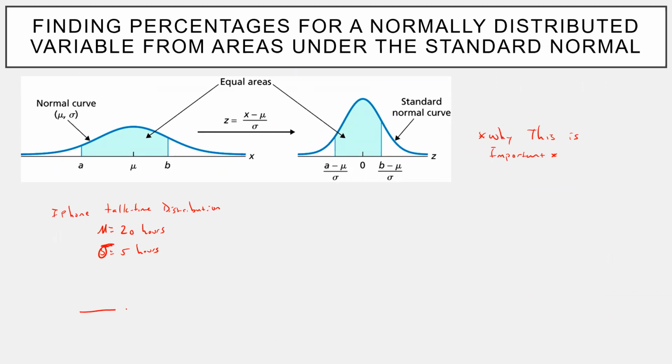Okay, so if we were to sketch this curve, we'd go 20, 25, 30. I'm just going to go 2 standard deviations, 15, 10. Does anybody remember what the area is under the curve between 20 and 25, so between the mean and 1 standard deviation above the mean?